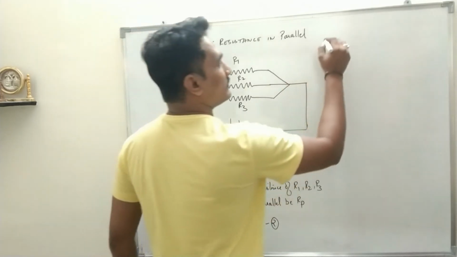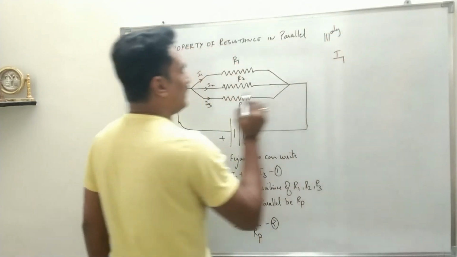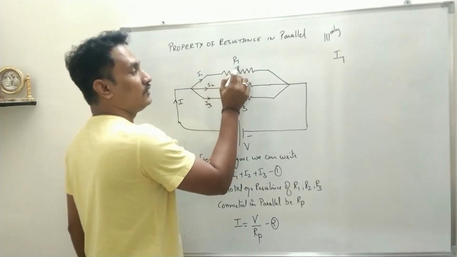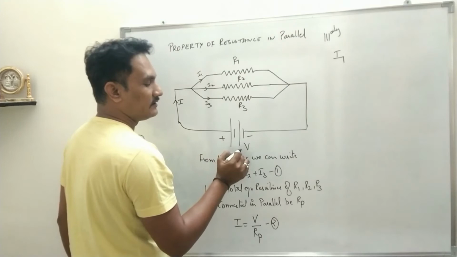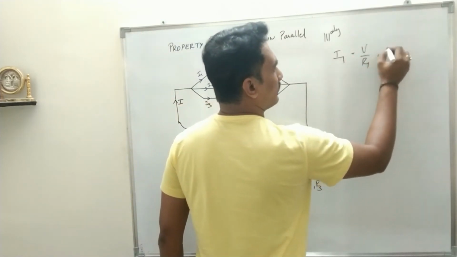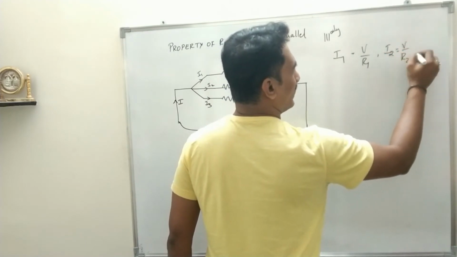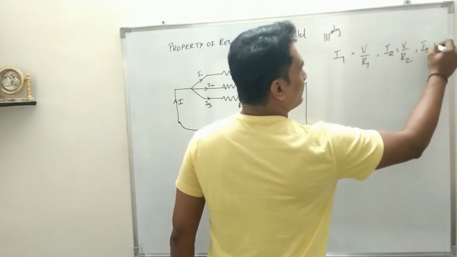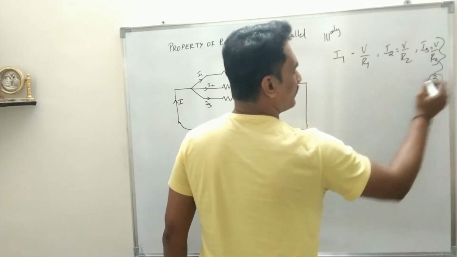Similarly, what will be I1? I1 is the current flowing through R1 and the voltage drop across R1 is V. So I1 is equal to V upon R1. Similarly, I2 is equal to V upon R2 and I3 is equal to V upon R3. Let this be equation number 3.